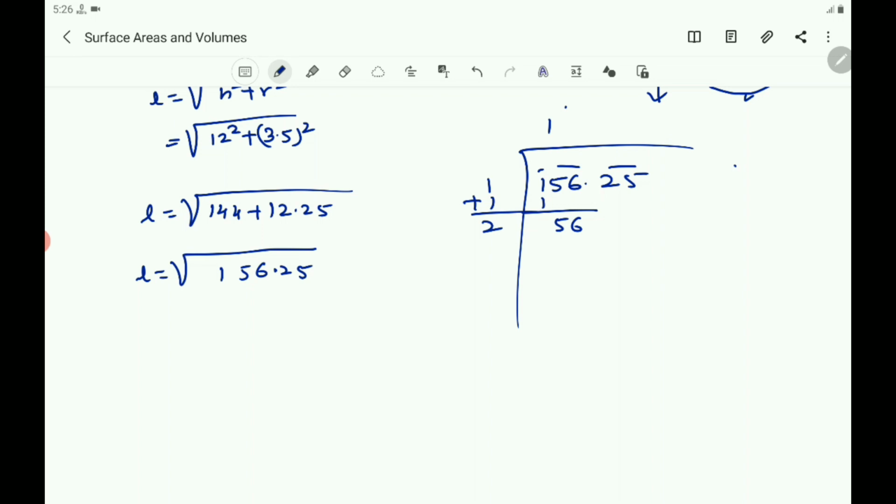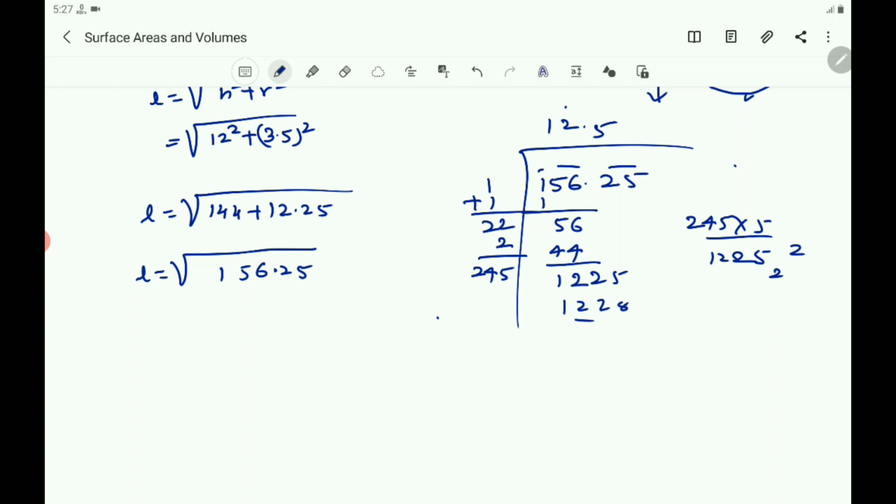You will get 12.5. Therefore L equals square root of 156.25, which is 12.5 cm.